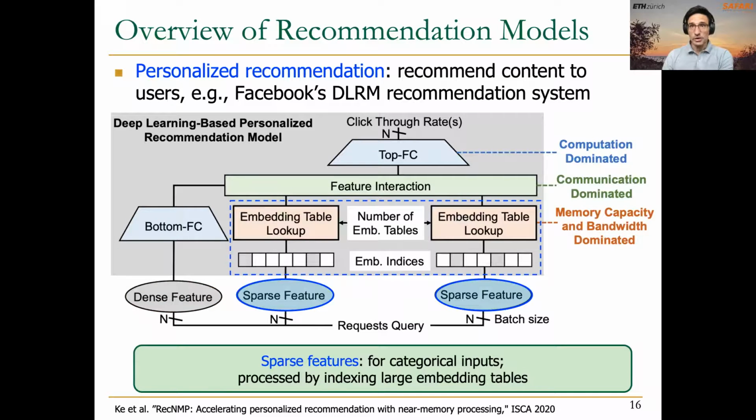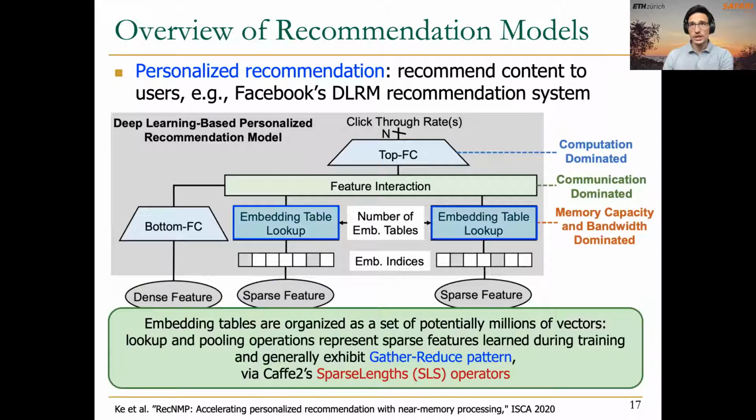For sparse features, these are for categorical inputs, and they are processed by indexing large embedding tables. So these embedding tables will reside in memory. They have millions of vectors, and it's necessary to perform lookup and pooling operations to extract the representative sparse features that are learned during training.